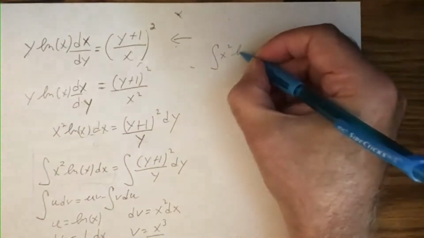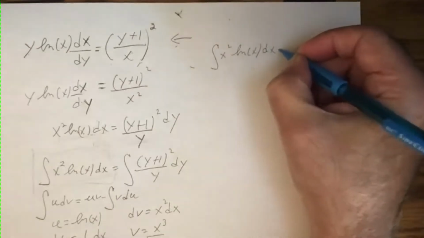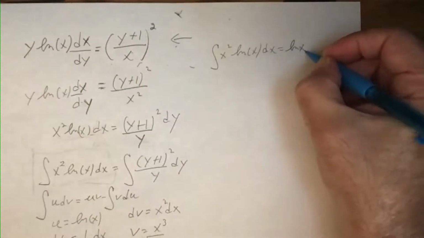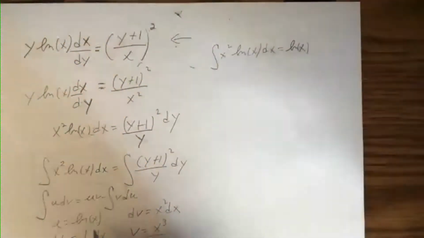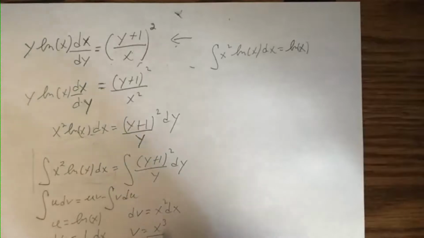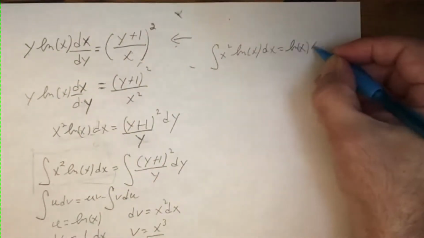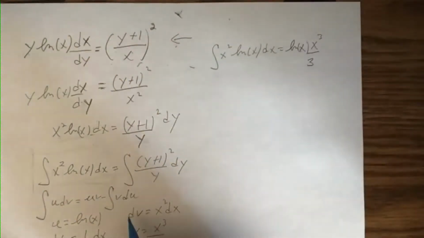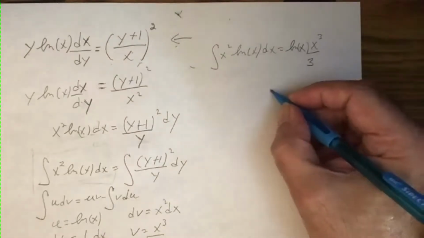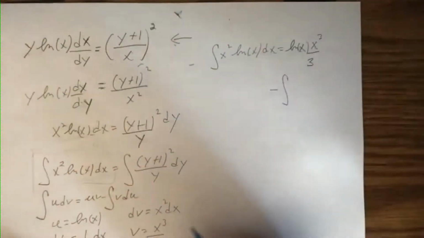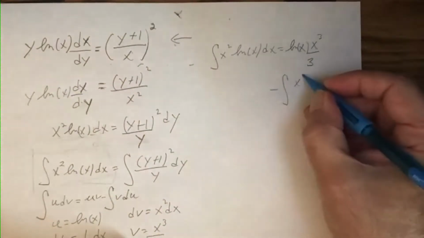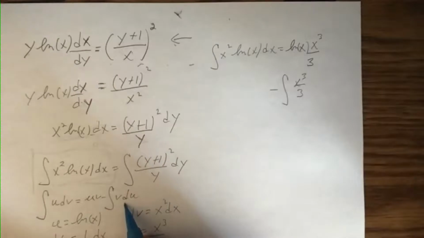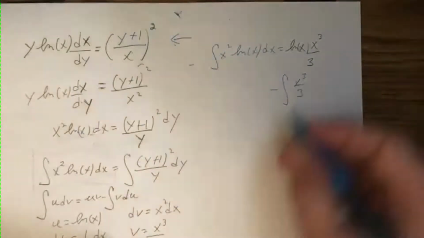I'll just do this integral here. This integral is going to be equal to my u, the natural log of x, times v, which is x cubed divided by 3, right? X cubed divided by 3. And then I'll do it down here, minus the integral of v, which is x cubed divided by 3, times du, which is 1 over x.